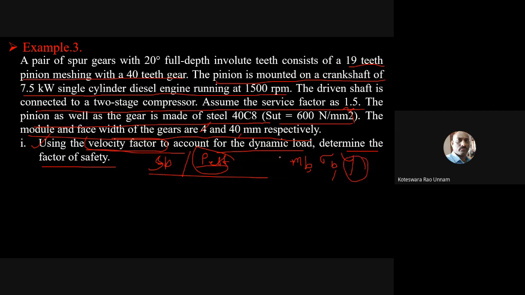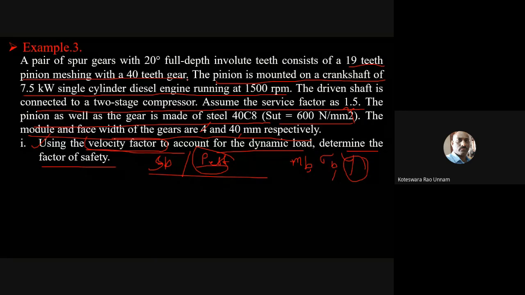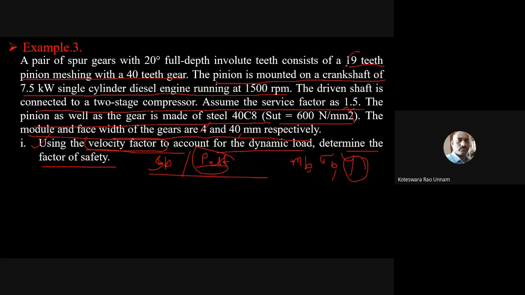Only thing is, since both are made of the same material, you have to take the data corresponding to the pinion, because the pinion is the weaker one. For the pinion having 19 teeth, you can pick the value of form factor. So once you got this, you got the SB value.